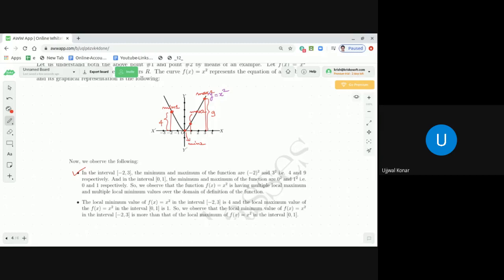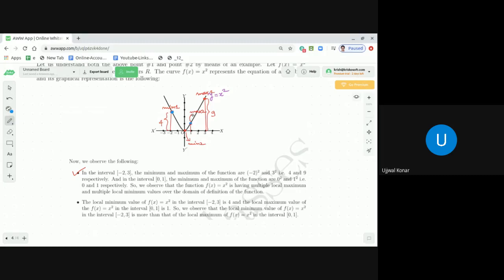So you observe that the local minimum value of f(x) = x² in the interval -2 to 3, which is 4, is more than the local maximum value of f(x) = x² in the interval 0 to 1, which is 1.